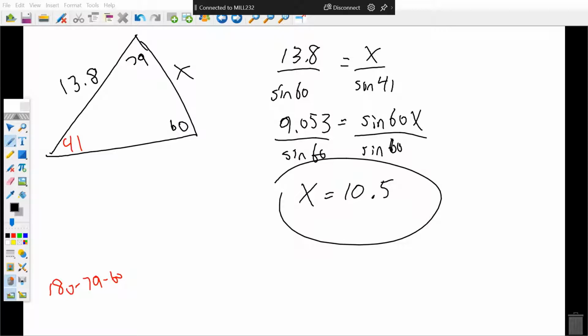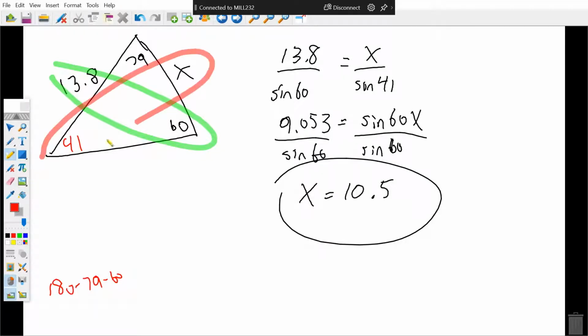Now I have an angle side pair here, and I can use that to find side x. So I set up the sine law. 13.8 over sine 60 equals x over sine 41. Cross multiply and divide, and your answer should be 10.5.